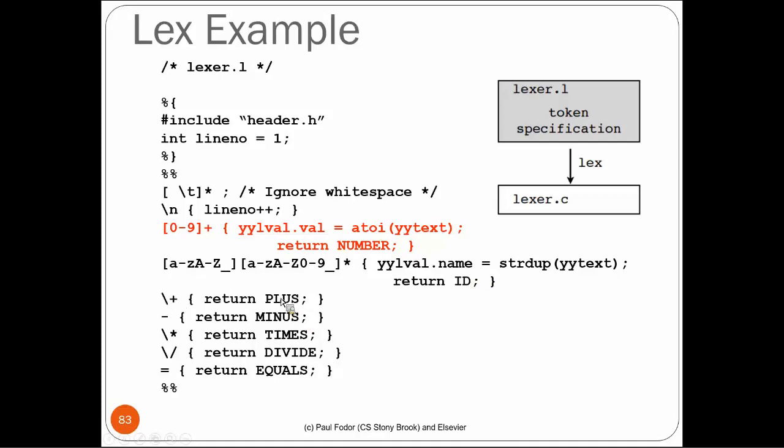And plus stands for the plus token, minus stands for the minus token, multiplication and forward slash stand for times and division, and equal stands for equals. So this would be a lexer.l file. If we run lex on this file, we generate C code to recognize these tokens, and the output is the tokens and their values.